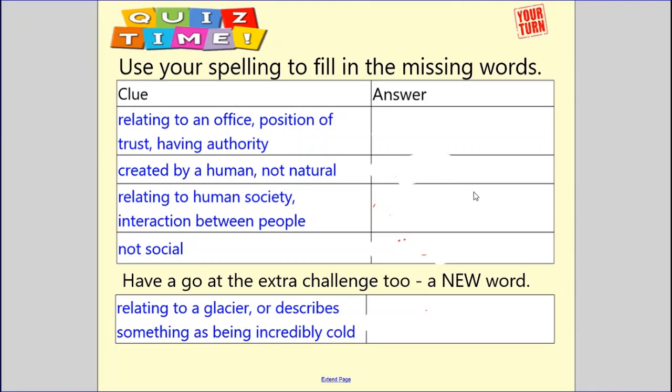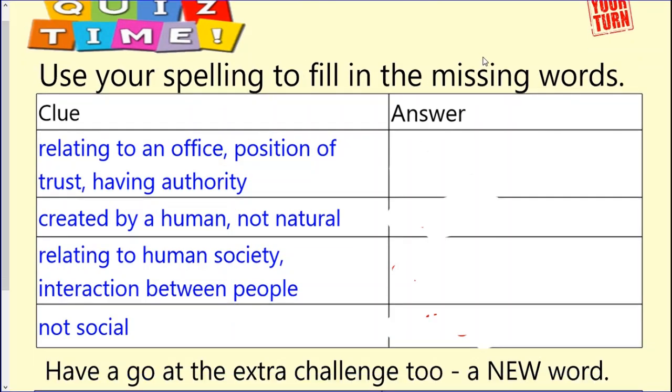Let's read out the second clue. So this word is created by a human. It's not natural. The next clue is relating to human society, an interaction between people. Tell you what, let's zoom in a little bit.